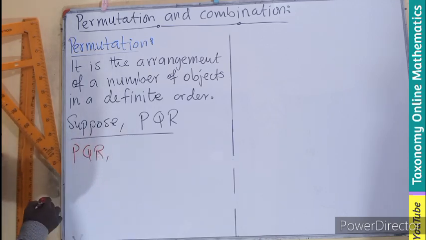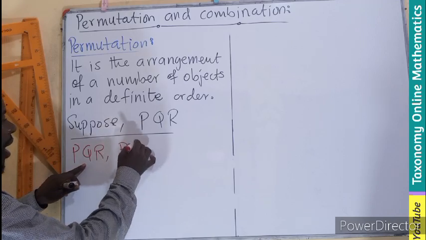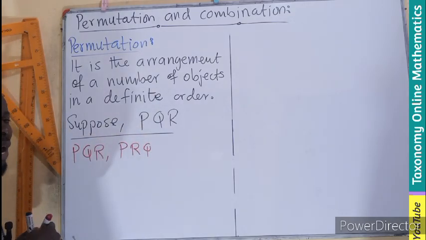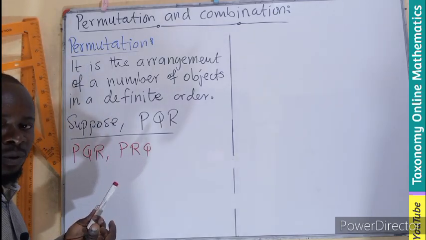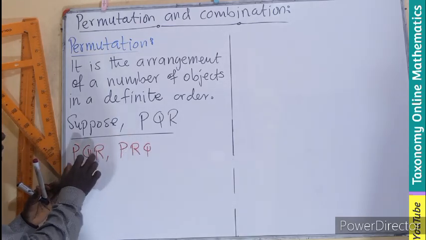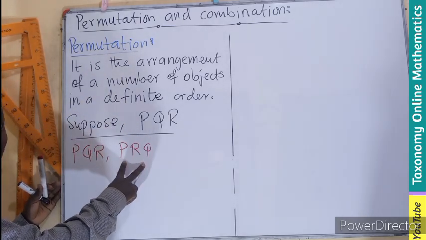This arrangement could also be PRQ. Remember, under arrangement, we are not concerned about how the numbers are coming about. We just don't want to see this being repeated. But the order in which it's being arranged is very important. This is not the same as this.